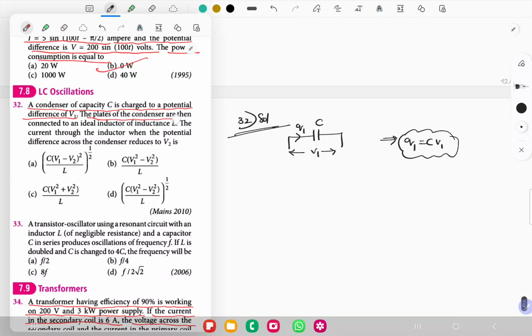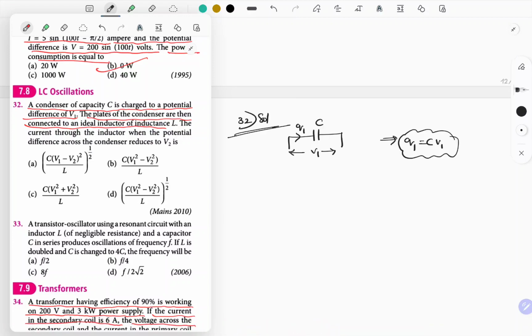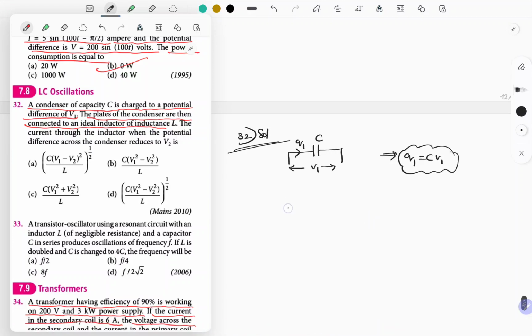Now the plates of the condenser are connected to an ideal inductor of inductance L. So whatever energy is stored in the capacitor is delivered to the inductor.